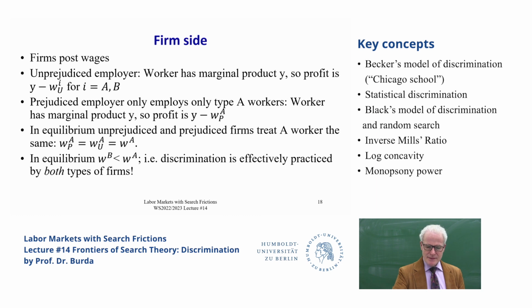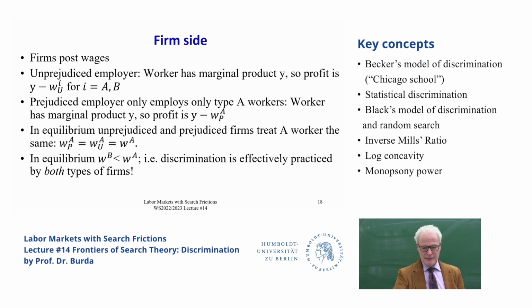But in the end, in equilibrium, if this is the case, then it has to be the case that the unprejudiced firms pay the disadvantaged group, the discriminated group, differently. It's just that the incentives are very powerful to do that.